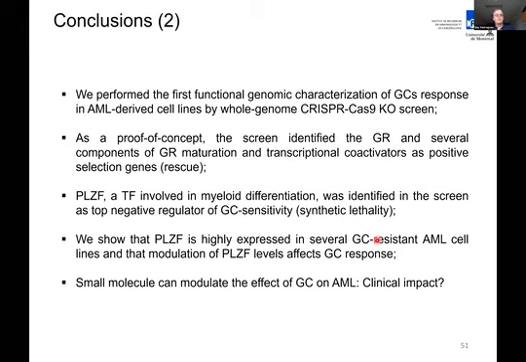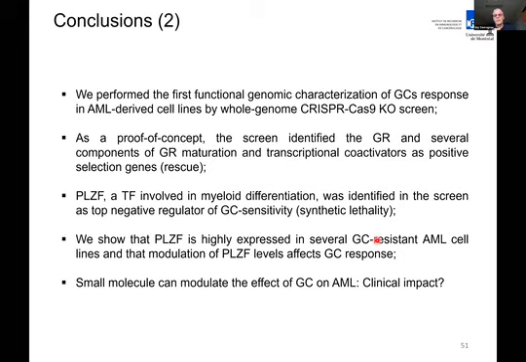So our second conclusion from this is that we really performed the first functional genomic characterization of GC response in AML-derived cell lines by CRISPR. As a proof of concept, the screen identified the glucocorticoid receptor and several components, which I didn't show today, of glucocorticoid receptor maturation and transcriptional co-activators as positively selected genes, so genes that rescue the impact of glucocorticoids.